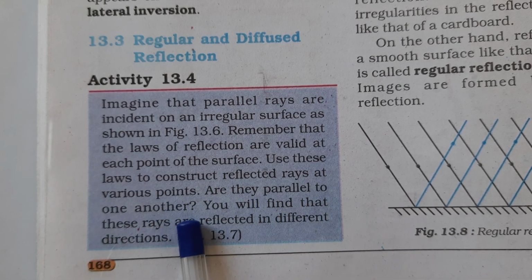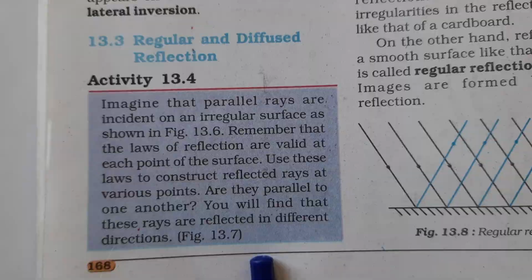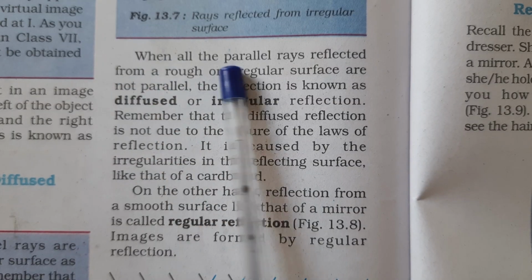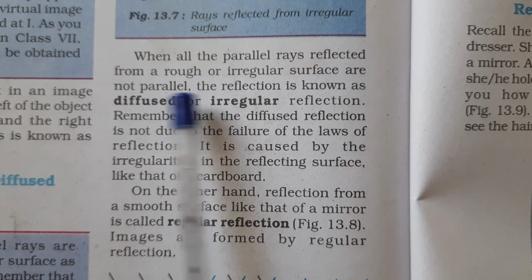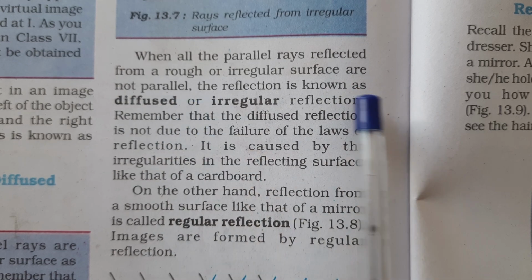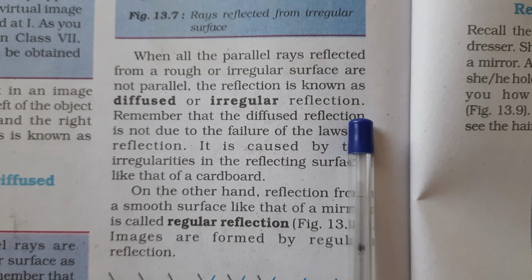Are they parallel to one another? You will find that these rays are reflected in different directions. When all the parallel rays reflected from a rough or irregular surface are not parallel, the reflection is known as diffused or irregular reflection.